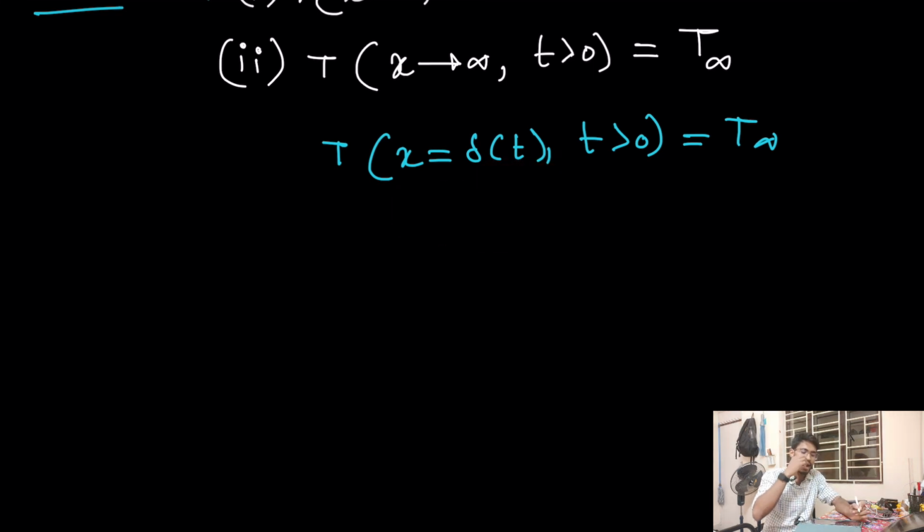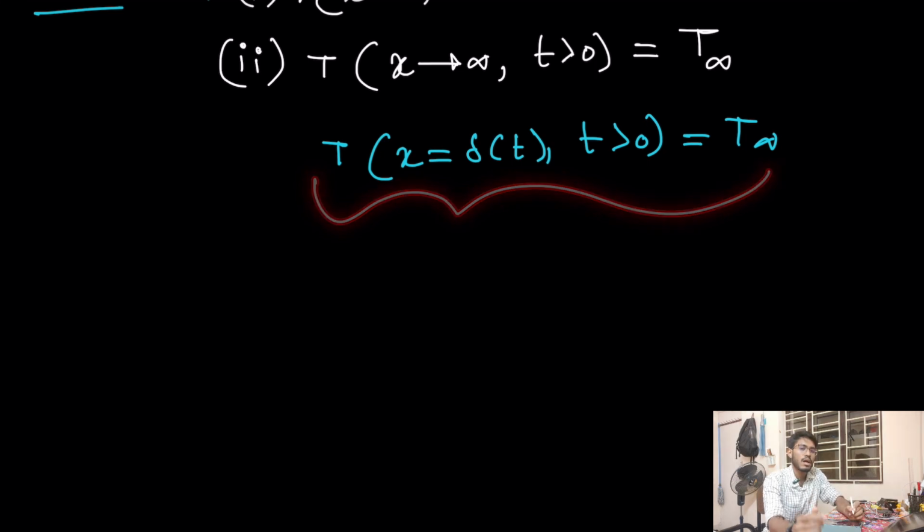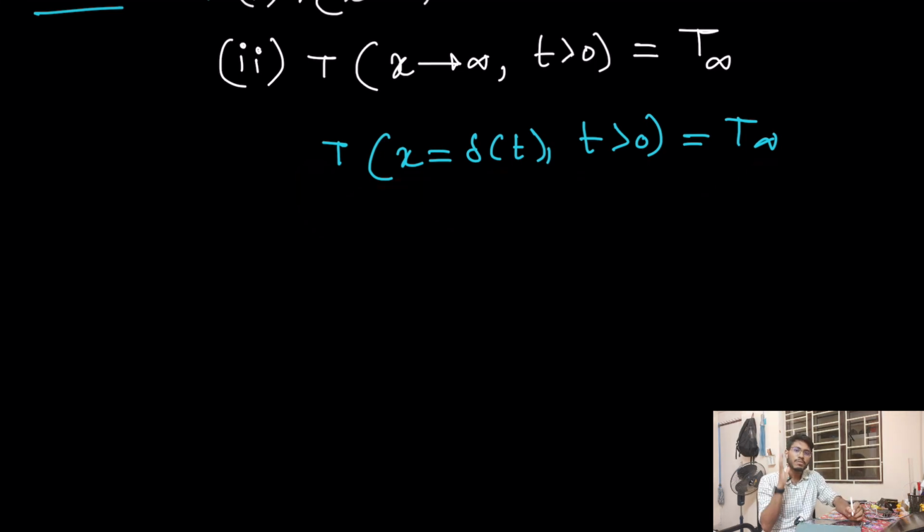Now, had there been an actual heat penetration depth, then I could have said that yes, this can be the boundary condition. But mathematically speaking, if you have an infinite slab, then the actual concept is that the temperature will reach the ambient temperature at x equal to infinity.